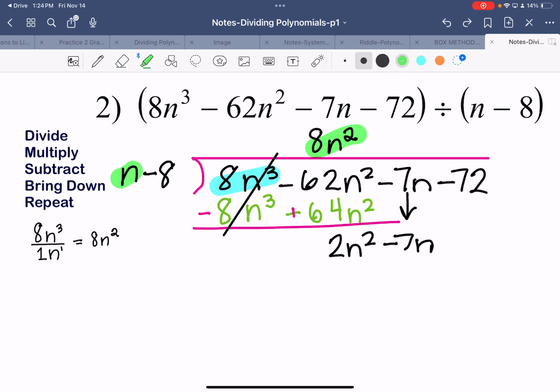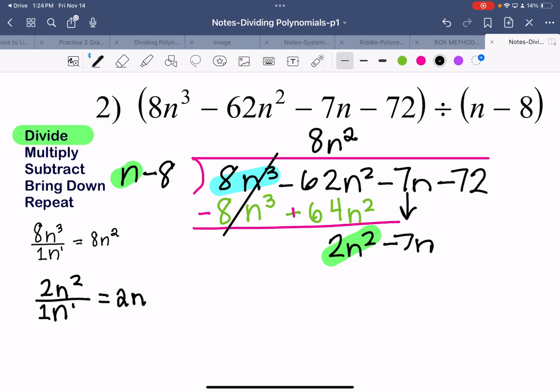So start with division again. So n times what is going to give me 2n squared. That's the same as saying 2n squared divided by n. Here, this guy has a 1 as the exponent. So I get 2n.